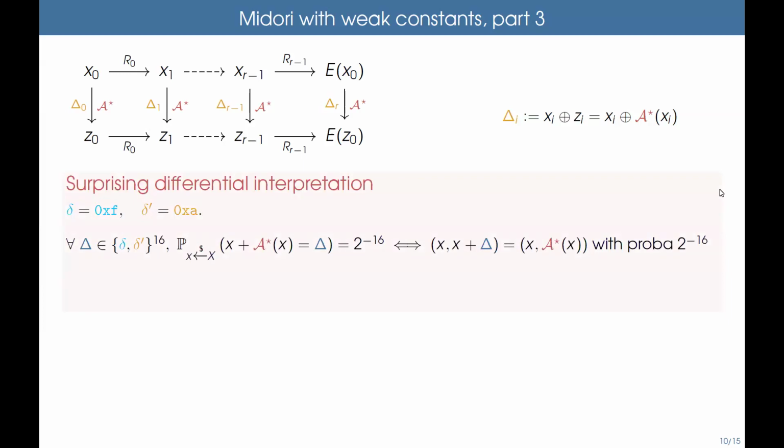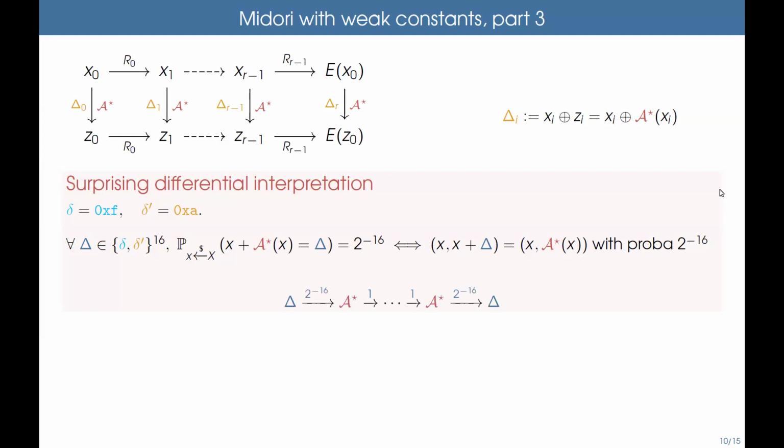And in the case of Midori, the difference between x and A of x can take only 2 to the 16 values. And because this is a linear equation, all the values are taken an equal number of times. So this means that if we take a random x, so a random difference pair of this form, with a probability of 2 to the minus 16, we will obtain a commutative pair.